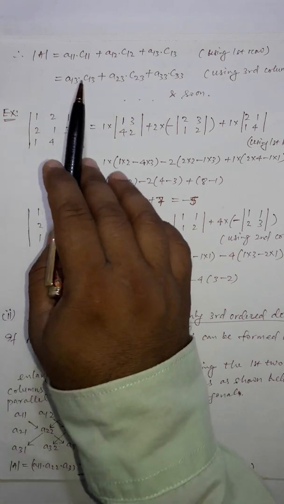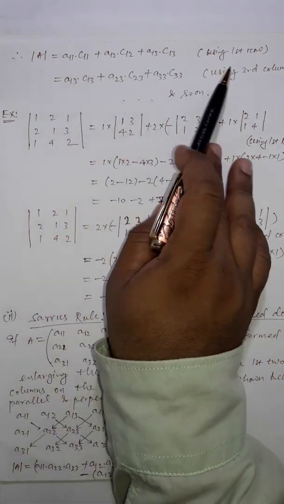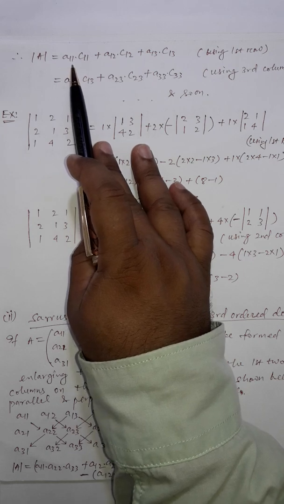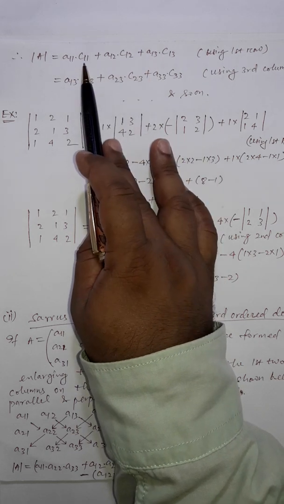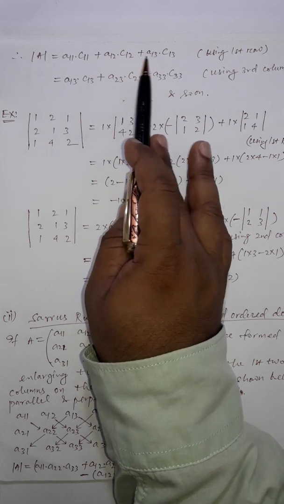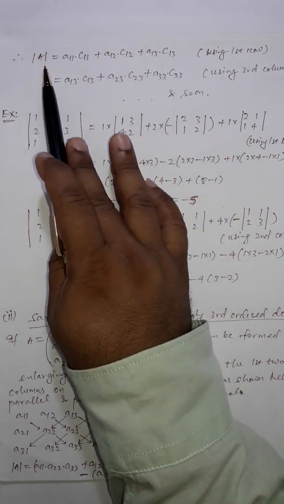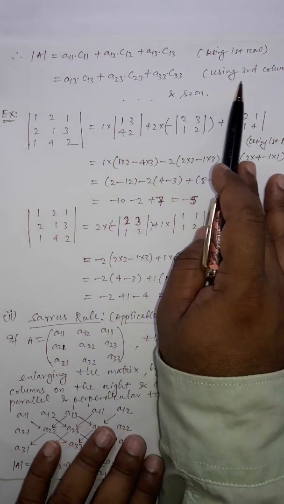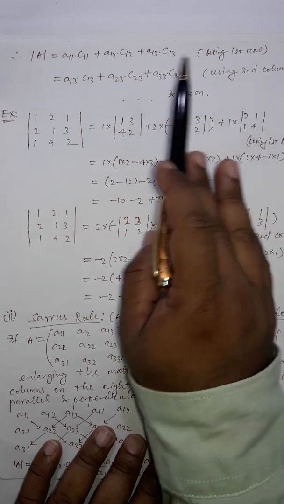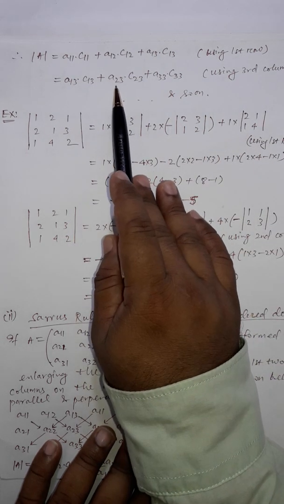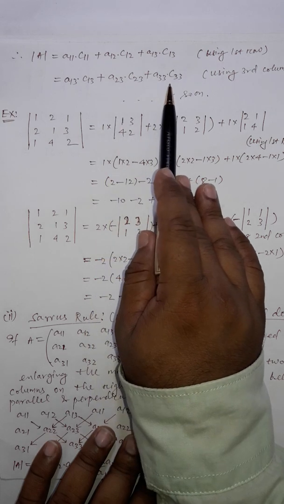I have written here for you, if I am choosing the first row in that matrix, the elements are A11, A12, A13, I am multiplying their respective cofactors with them, and adding the 3 products, and I am getting the determinant of A. If I am choosing the third column, for example, the third column elements are respectively A13, A23 and A33.